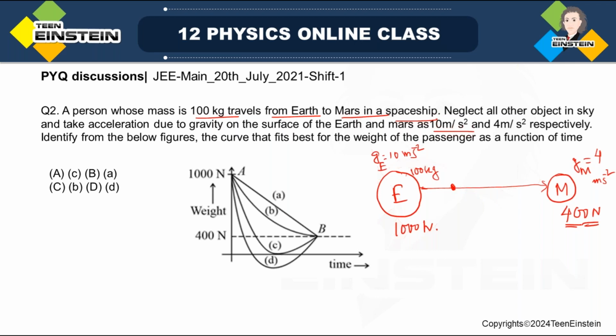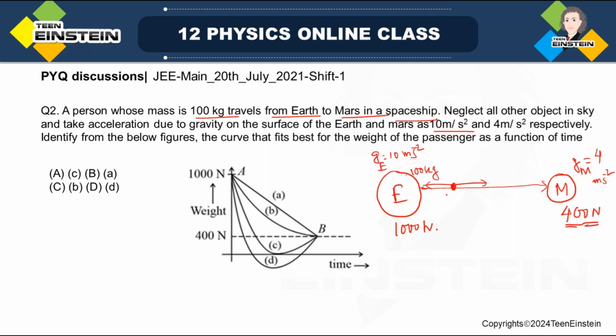Suppose the person is here, the magnitude of the force of attraction by the Earth will not be the same as that by the Mars.